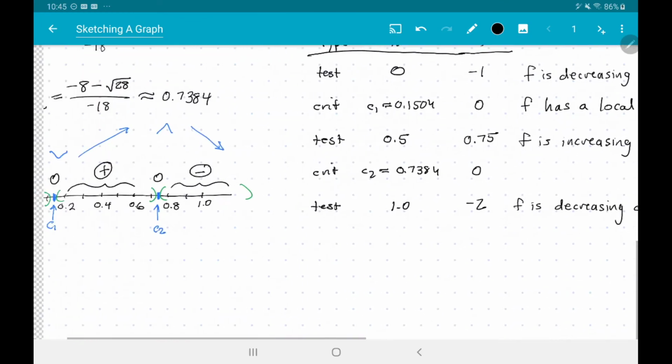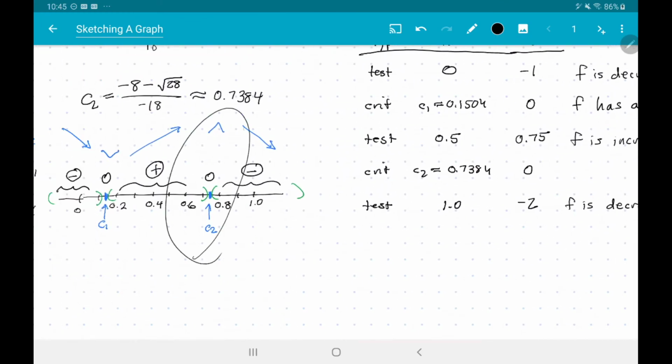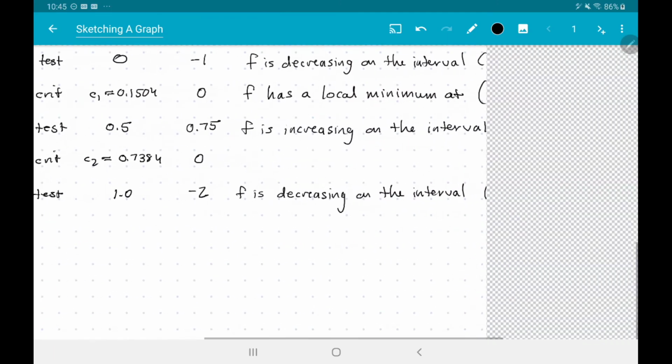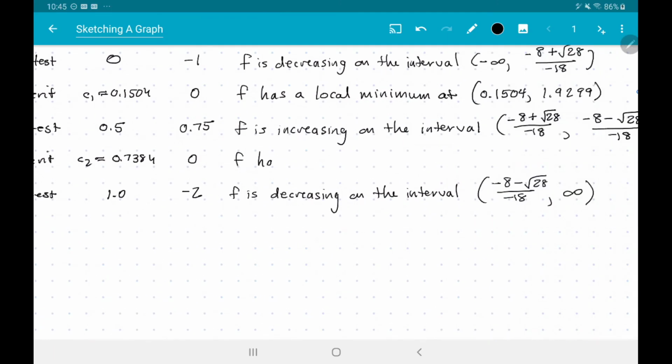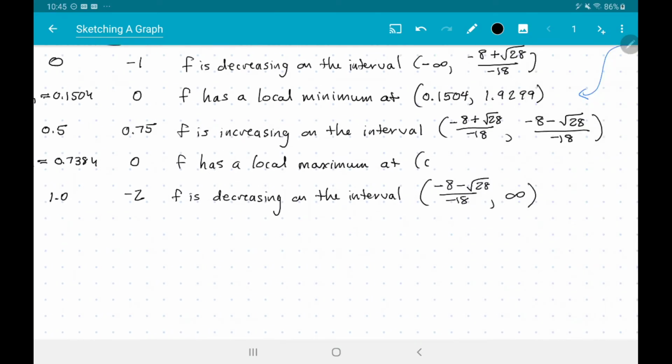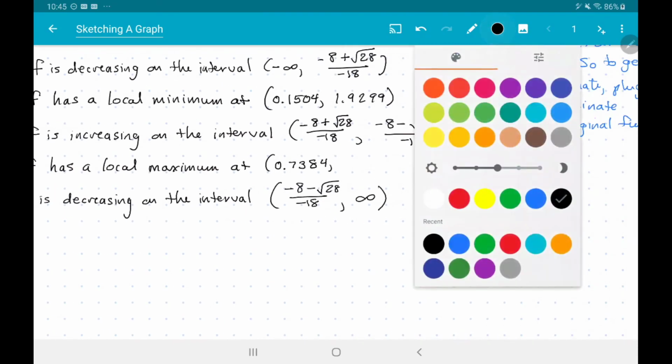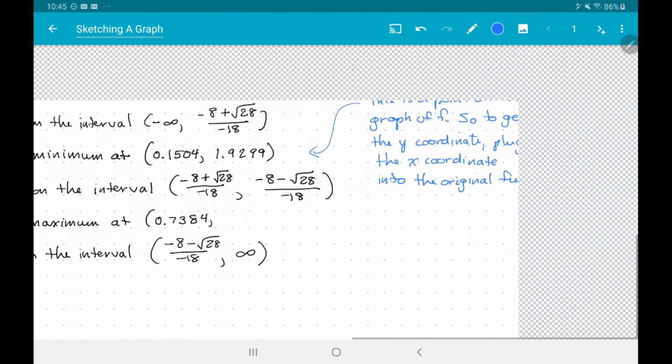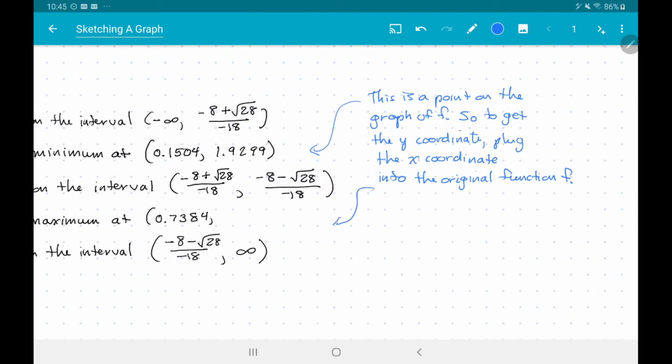The local maximum was over at the other critical point. So we'll write this, f has a local maximum at, again, the critical number is the x-coordinate. And again, I'll do this in decimal form. And again, this is a point on the graph of f.